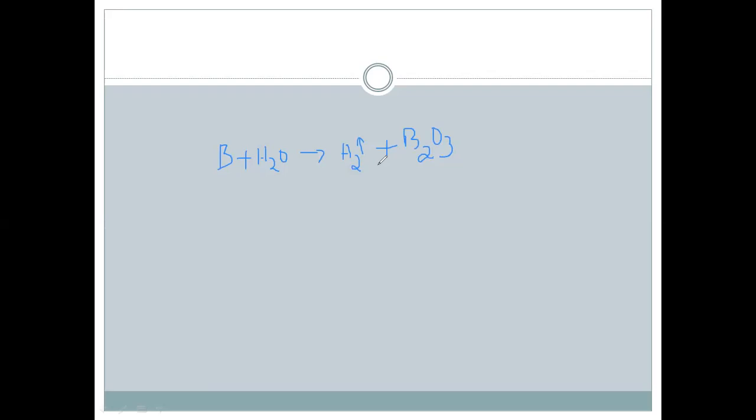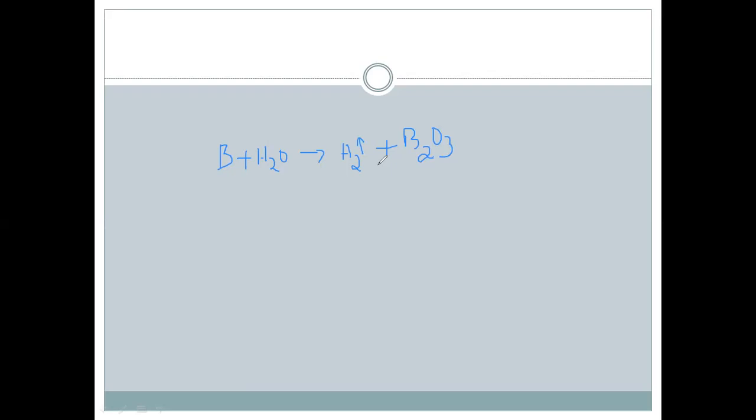Note it properly. Make a list over there: boron reacting with HNO3 gives NO2, one list. Everything should be there, one by one, to avoid confusion, or in the computer exam you may get confused, whether NO2 gas is obtained or hydrogen gas, etc. So, to avoid the confusion, make a list and learn it properly.